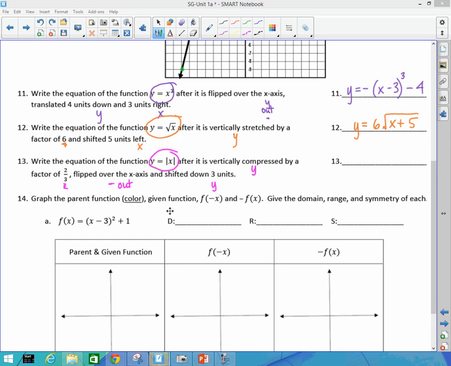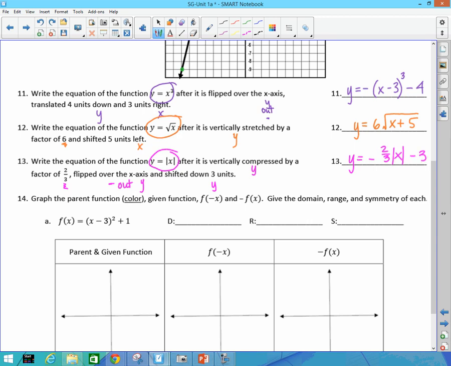So we don't have anything on the inside because the three things were all affecting the y. So that means I have y equals negative absolute value of x. I forgot my 2/3 in front of that, so let's start that. Y equals negative 2/3 absolute value of x minus 3.